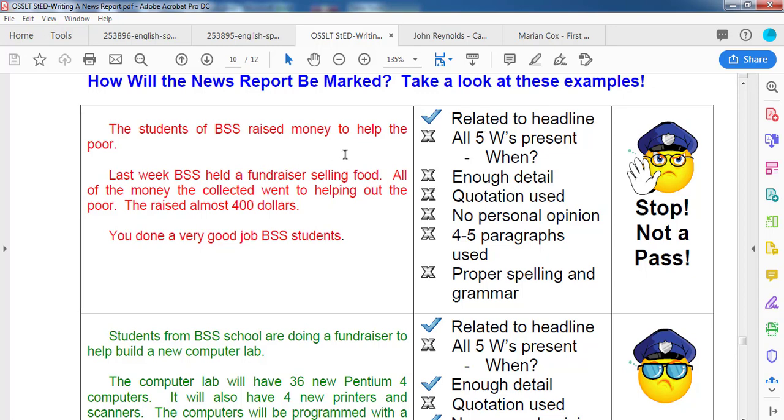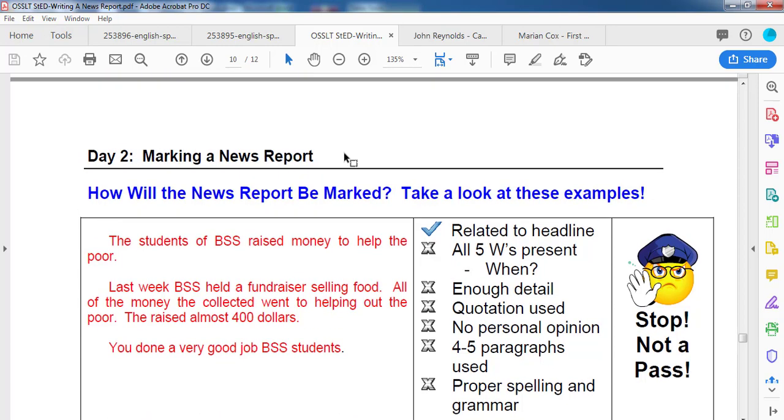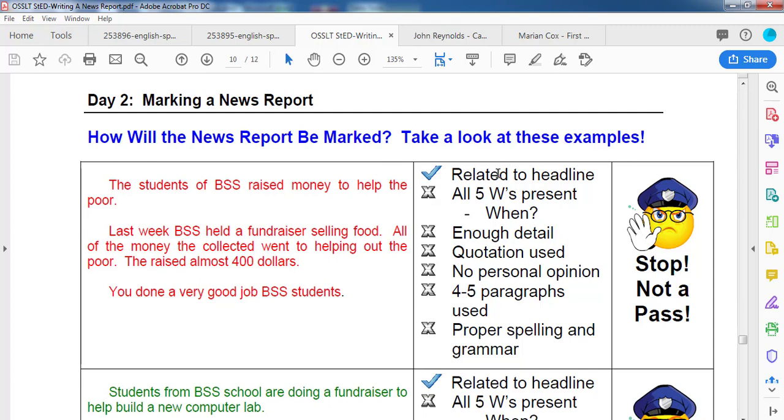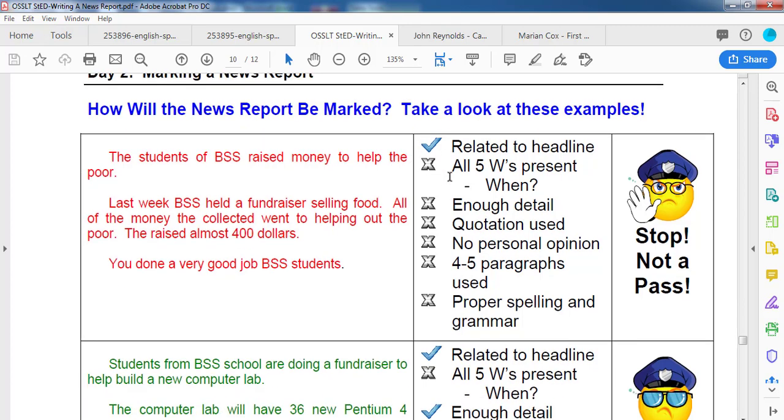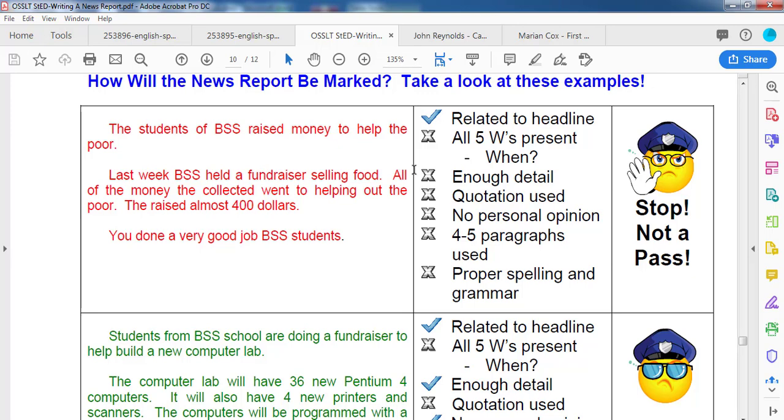Number 1, the headline. Do we have a headline? And is the headline related to the story? Now in the lead paragraph, do we answer all the WH questions in the present time?